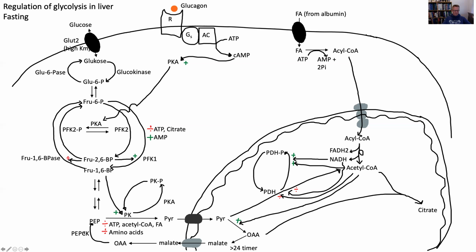And then by PEPCK, oxaloacetate can be converted to phosphoenolpyruvate, which then can enter gluconeogenesis and lead to the production of glucose.